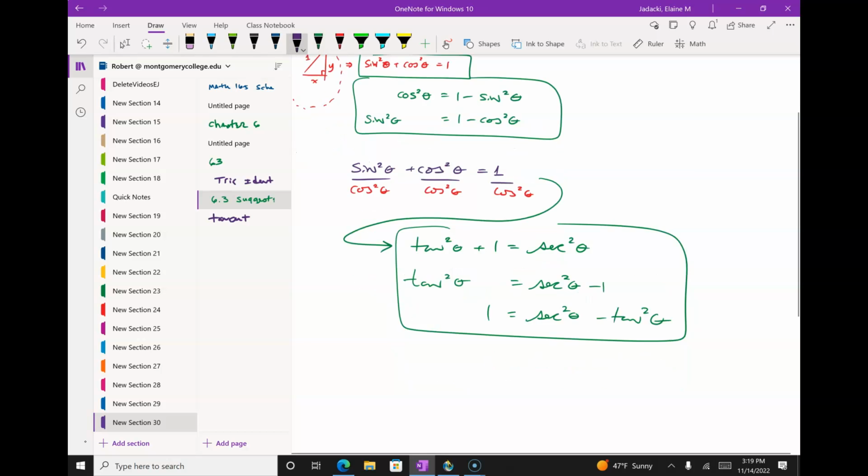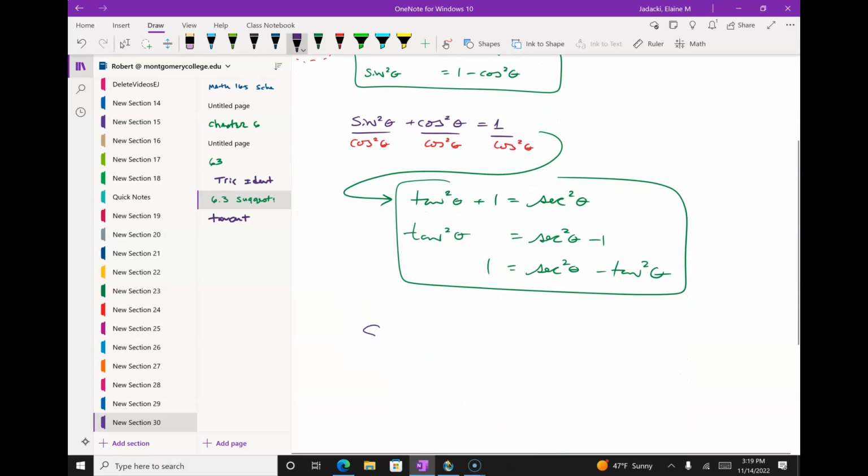I'm going to start there again. But this time I'm going to divide by what? I know, it's tough. Instead of dividing by cosecant, we're going to divide by sine squared.